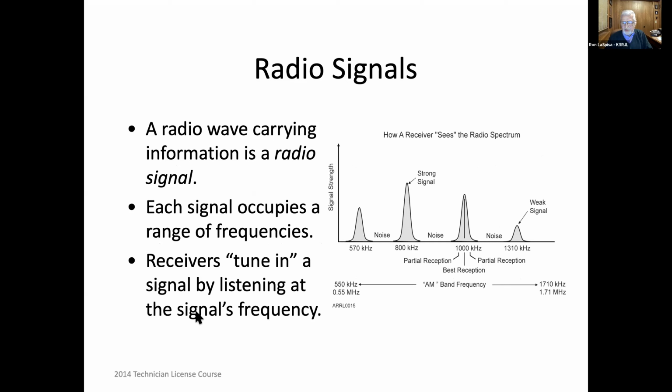It shows, for example, in a small town, there might be 4 different radio stations, and this might be what the spectrum looks like within that band for that town. For example, there's a radio station at 570 kilohertz. There's a radio station at 800 kilohertz. There's one at 1,000 kilohertz, and there's one at 1,310 kilohertz.